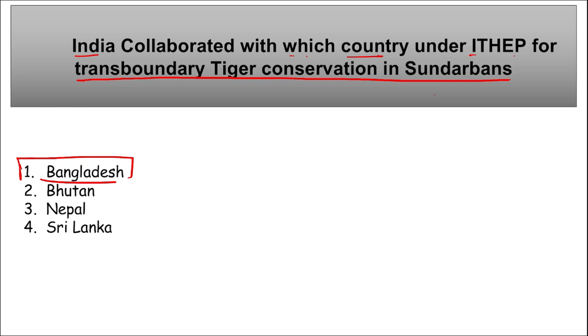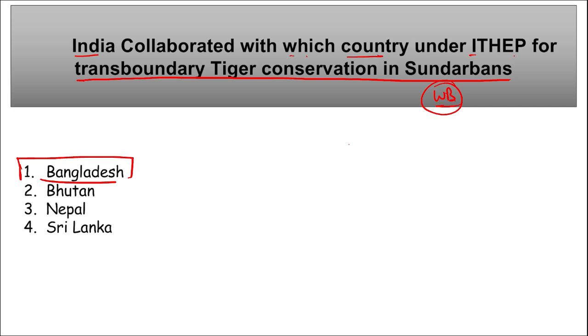Where is Sundarban? Sundarbans are in West Bengal. And remember, Sundarbans is the world's largest mangrove forest that is spread in India as well as Bangladesh. Correct. And it is formed by the delta, by the confluence of Ganga, Brahmaputra, Meghna rivers in the Bay of Bengal.